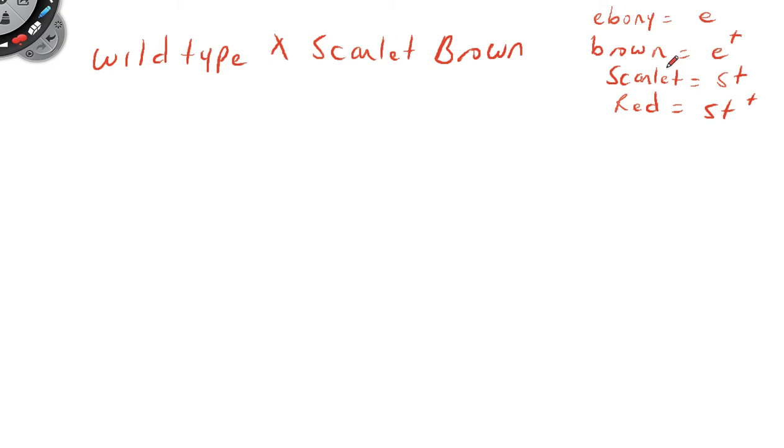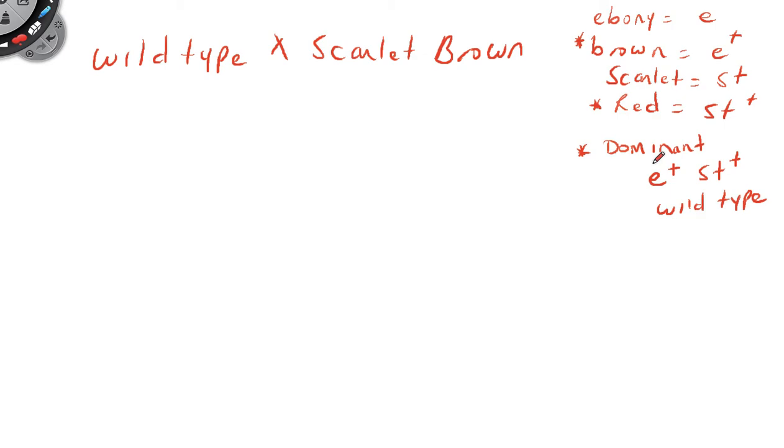So if we are saying that brown body and red eyes are dominant over ebony body and scarlet eyes, then the homozygous wild type is going to be, so anytime you have this and this, right, you are wild type because you have these dominant traits.